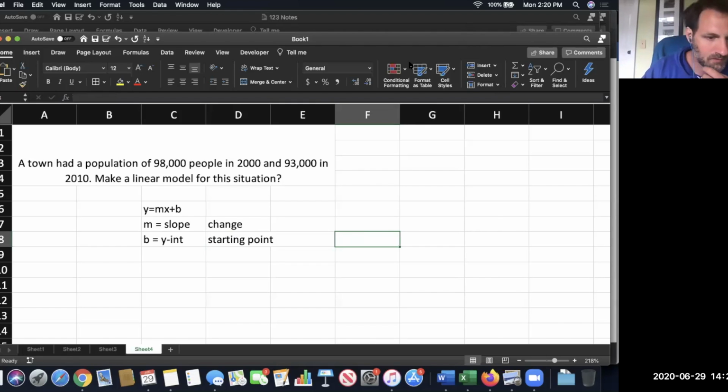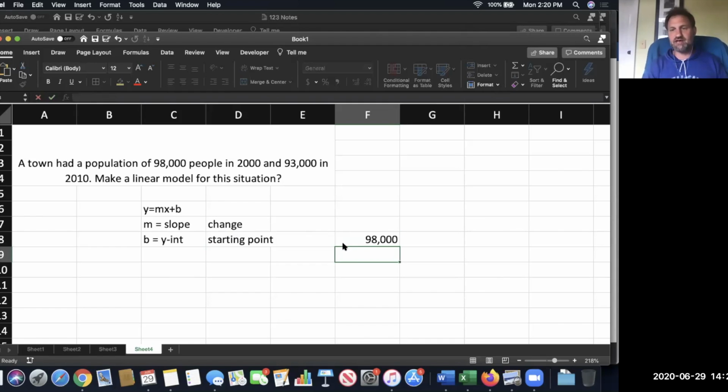Oh, got some in the chat. Yes, good, Darian, 98,000. That's because 98,000 was the town's population in 2000. That's not when the town began, but that's the first piece of information, chronologically speaking, that's provided to me. So that makes sense as a starting point.